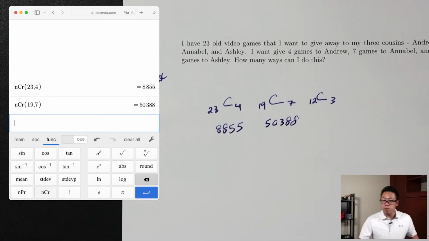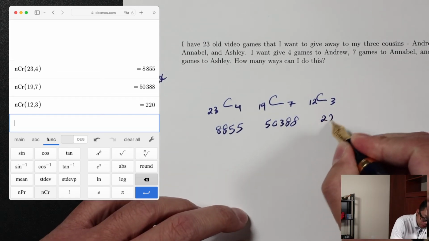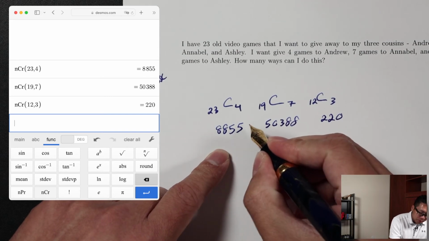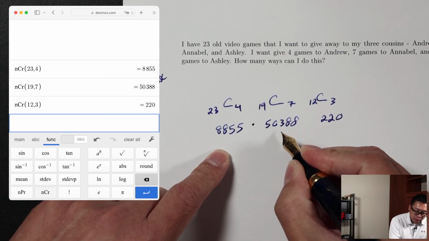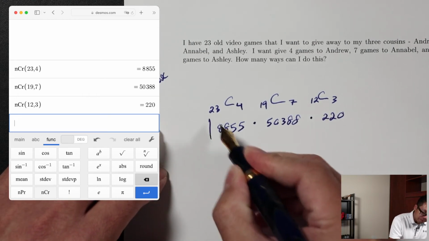And then finally 12 choose 3, nCr again, 12 comma 3, 220. Okay, final answer will be 8,855 times 50,388 times 220. So don't forget the multiplication in between.